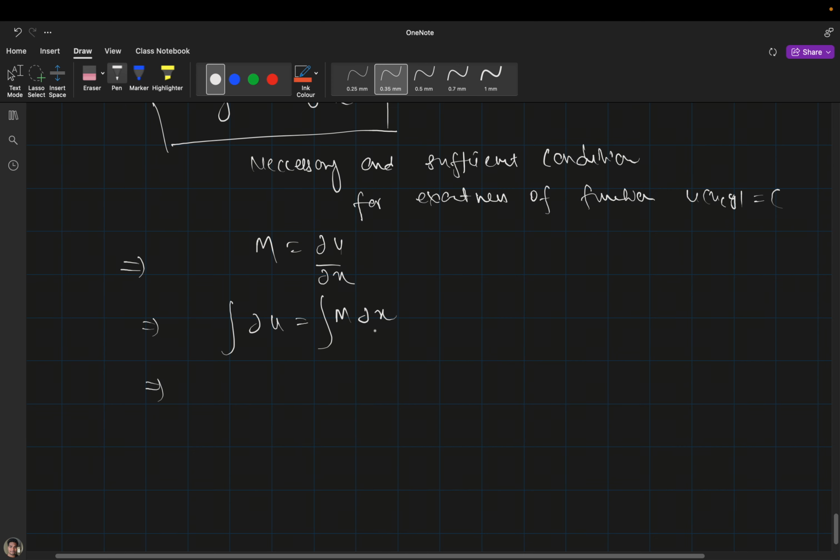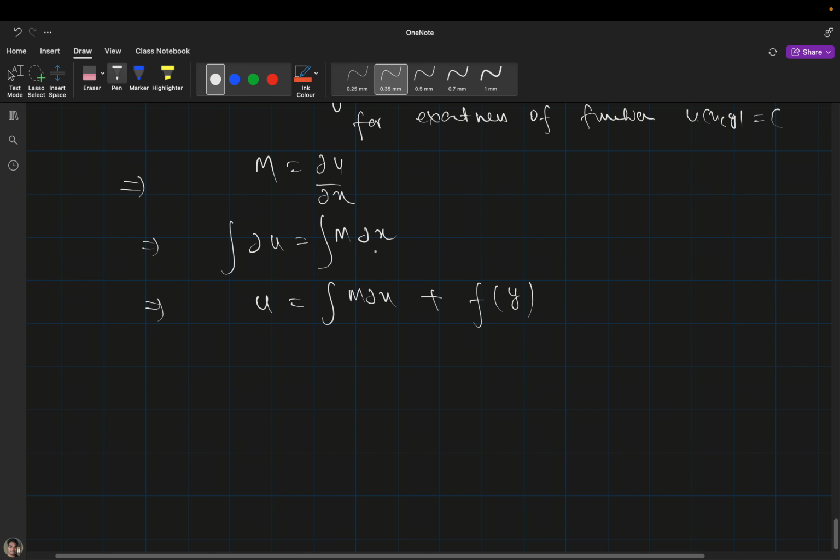Since you can see that it is actually a partial integral, which means that here M can be a function of x and y both. But I will integrate with respect to x only. So you will get u equal to integral M del x plus this will be a function of y, because it is a partial integral with respect to x.